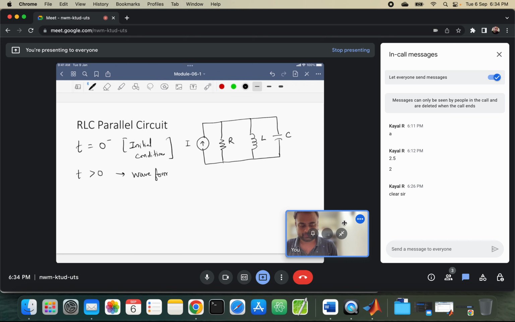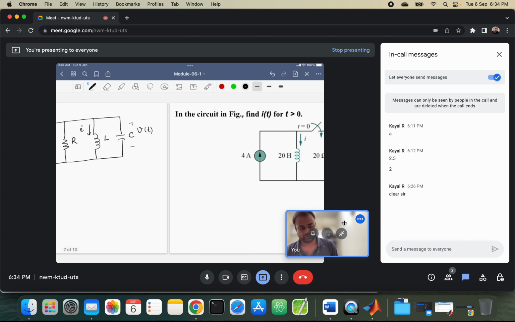In this case, we'll find the equation for current I, that is how much current will be drawn by the inductor. And similarly, you can also find the voltage across the capacitor. Again, I will not go into the derivation for the second order differential equation. We'll just try to understand this problem by solving a question. So let us attempt this question.